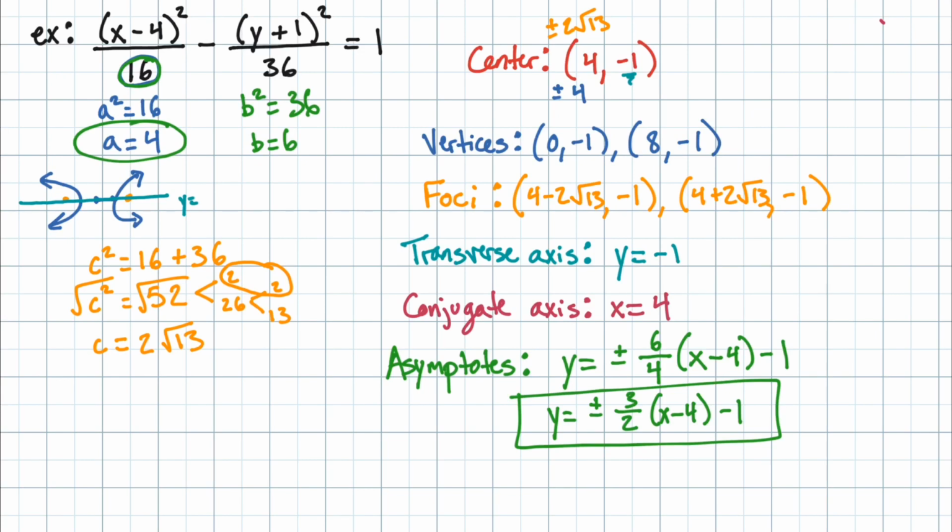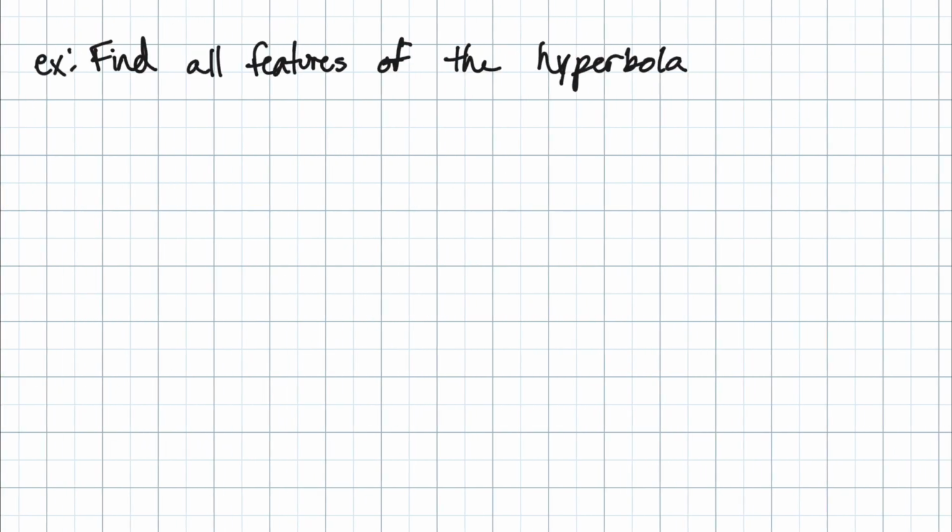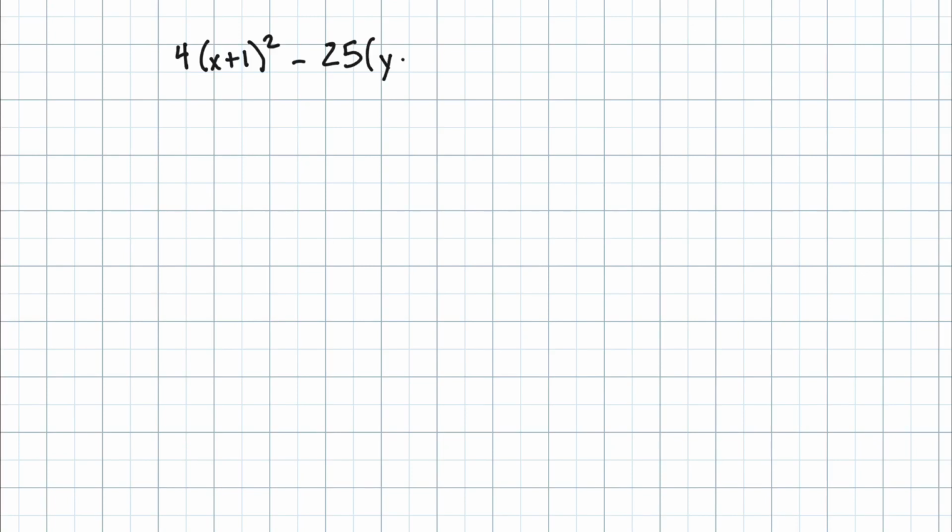Okay. The only other thing that you're going to see on this assignment that we haven't specifically talked about in this lesson is if you get something like 4(x + 1)² minus 25(y − 7)² equals 100.